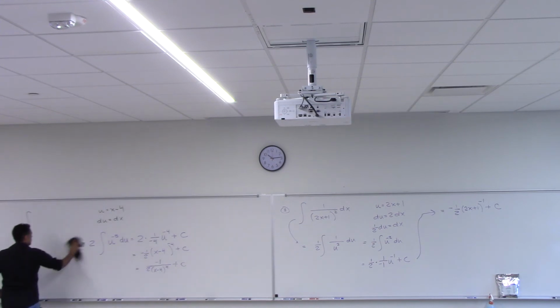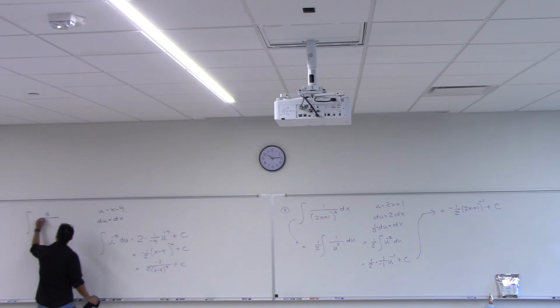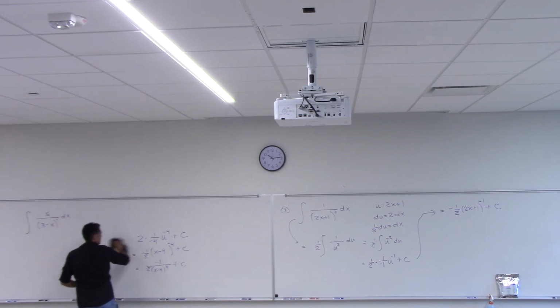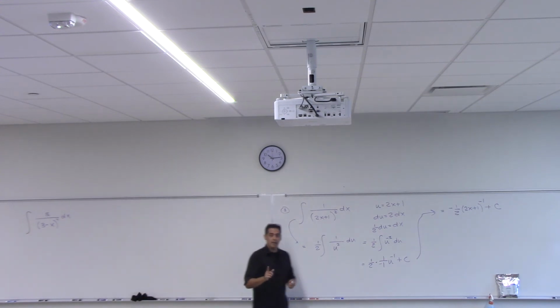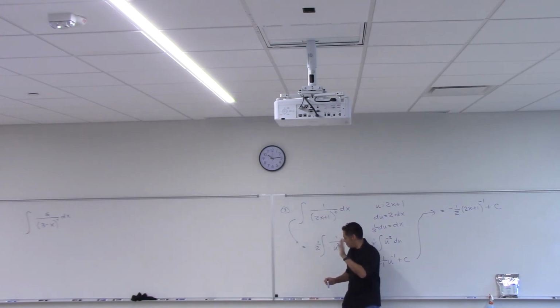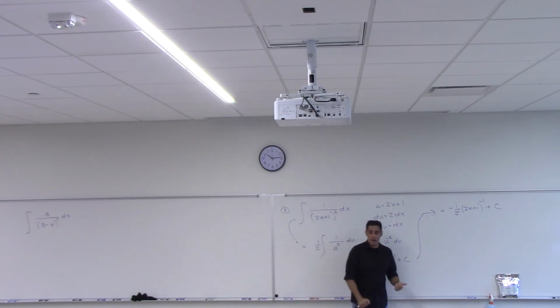Yep. What about this? How about 5 over 3 minus x to the 7th power dx? Okay. I look at it, right? It's a constant over a repeated linear factor, right?